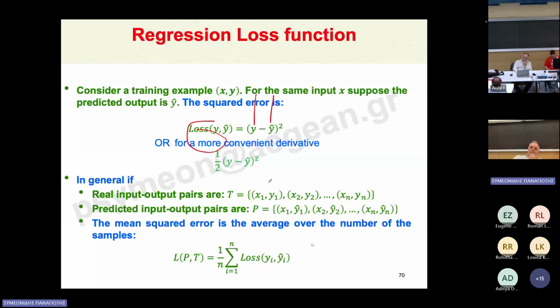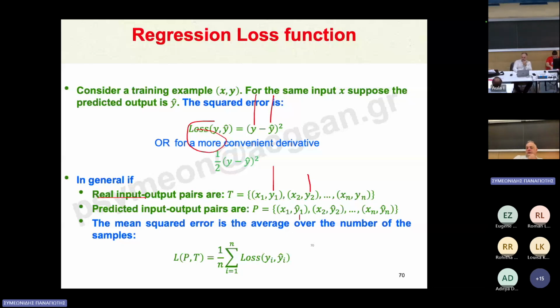So if we have an input of real ratings for users, this is the real rating for user X1, this is the real rating for user X2, etc. And we make some predictions with our neural net.